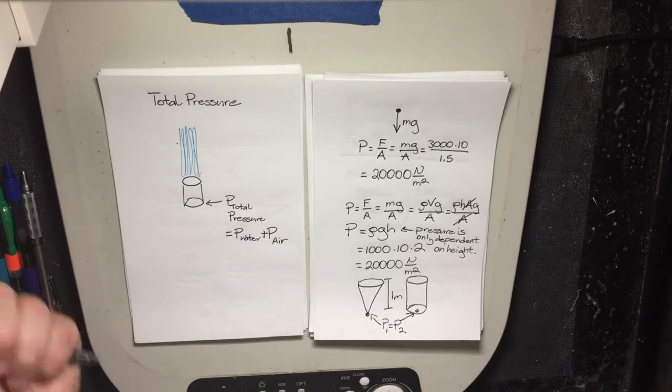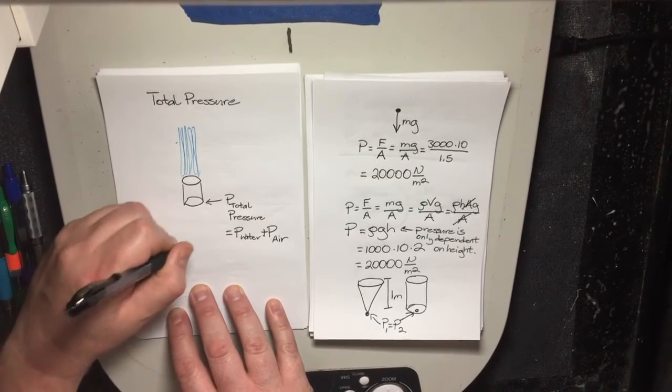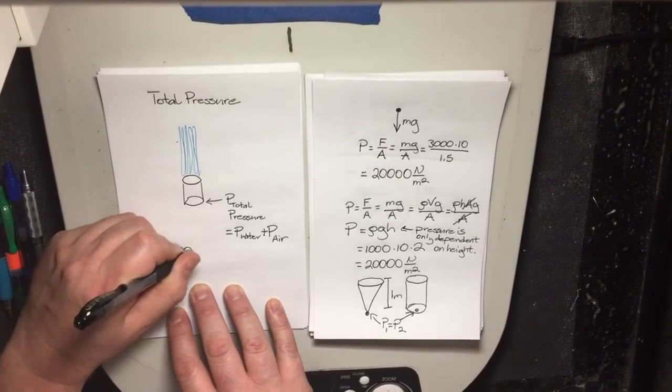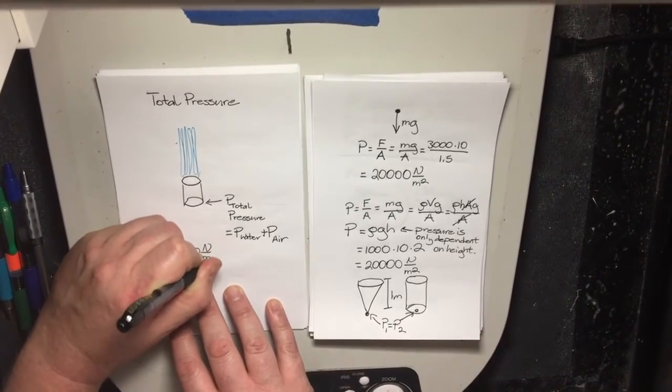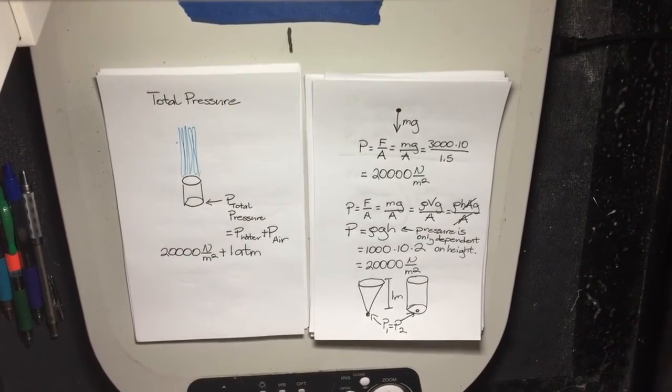So total pressure, you just have to add it. The easy way is to take that 20,000 newtons per meter squared and add 1 atmosphere. Well, that's not going to give you an accurate answer, because you can't add newtons per meter squared and atmospheres together. You have to do a conversion. A very relevant question to ask is, what units do you want this answer in?